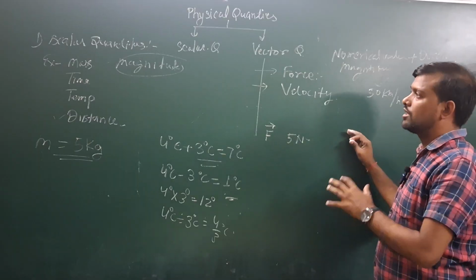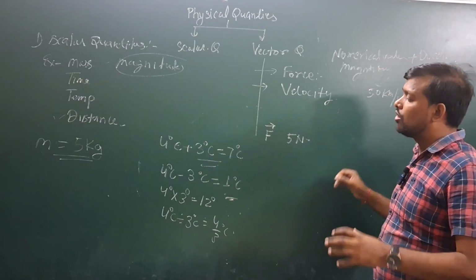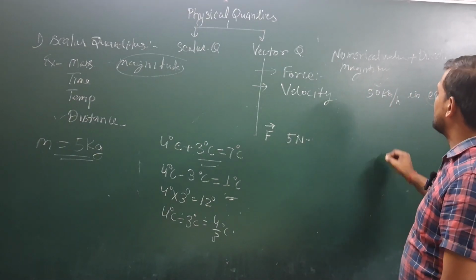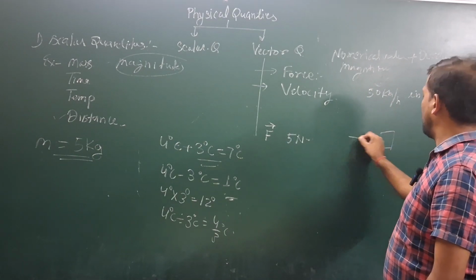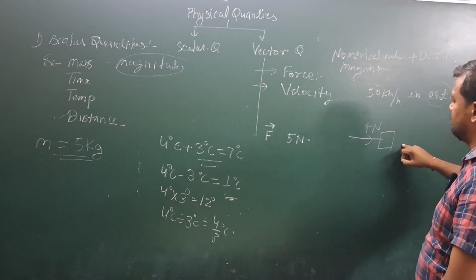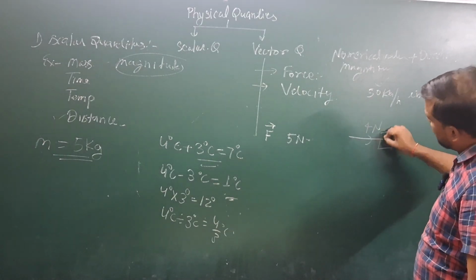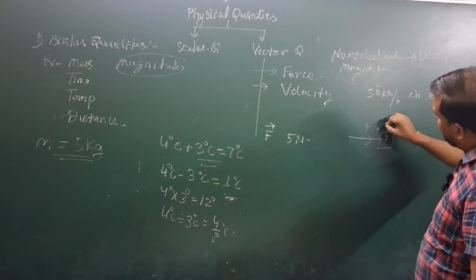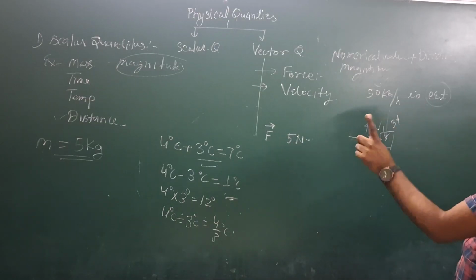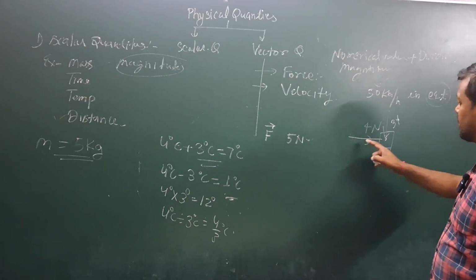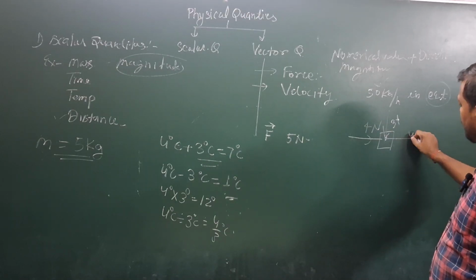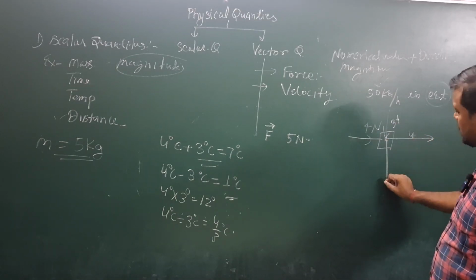But in the case of vector quantities, we do not apply such operations directly. If on any body a 4 Newton force is applied in one direction and a 3 Newton force is applied in the perpendicular direction, then the resultant force on this object is not 7 Newton.